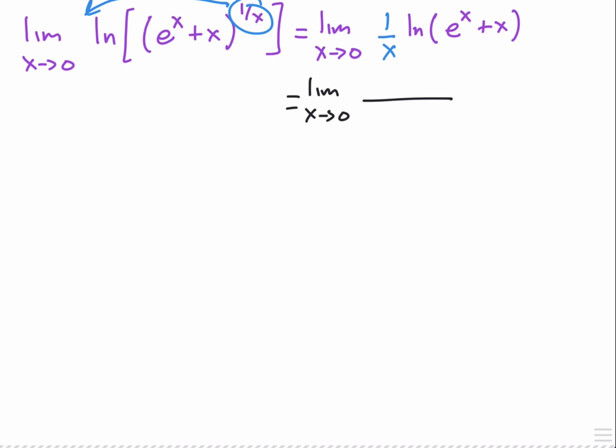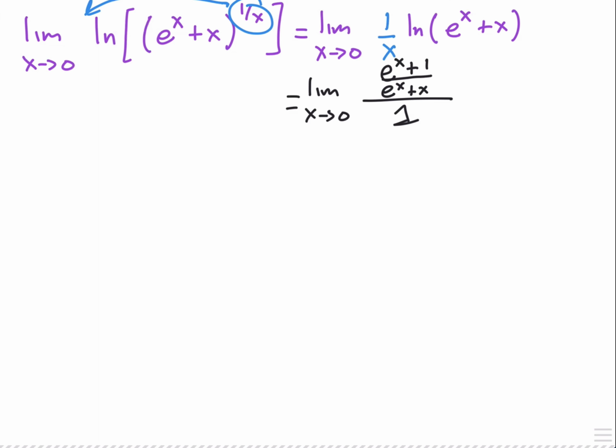What's the derivative of the bottom? The derivative of the bottom is just 1, because it's just x. And then what's the derivative of the top? It's 1 over e to the x plus x, times e to the x plus 1. Oh, plus 1, right? So it's e to the x plus the derivative of x, which is 1.